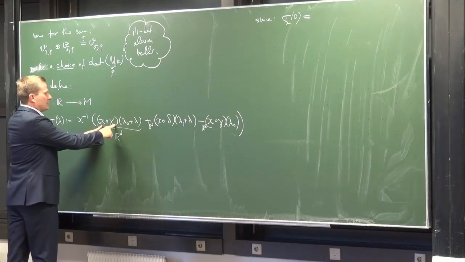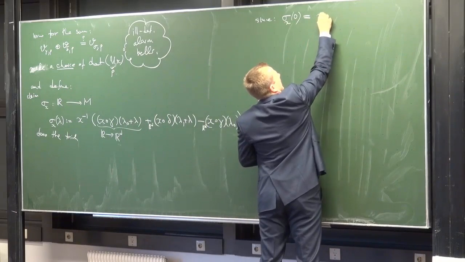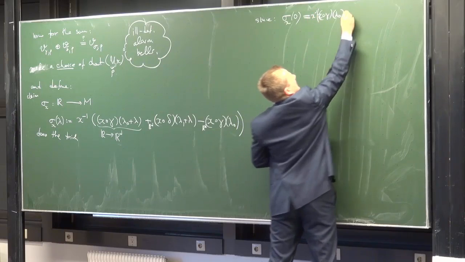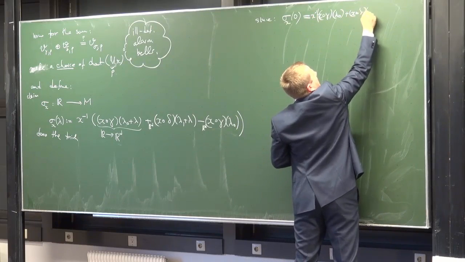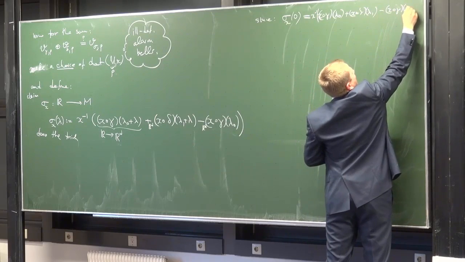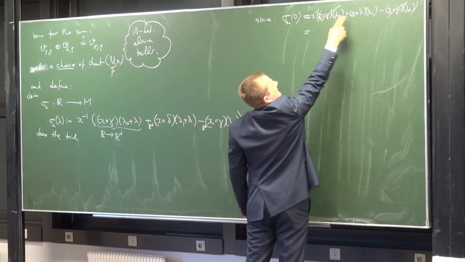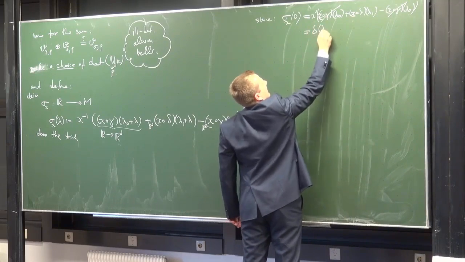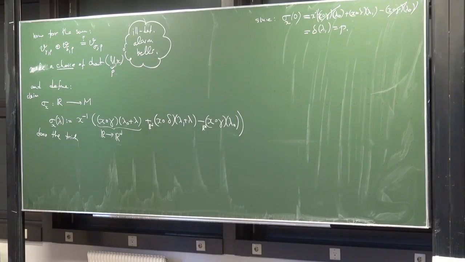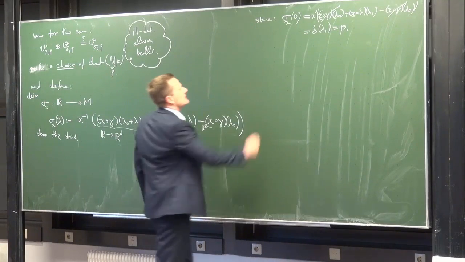It equals x inverse of x after gamma of lambda 0, plus x after delta of lambda 1 minus x after gamma of lambda 0. I need this one to kill this one, and then I have just x inverse x delta, this is delta of lambda 1, which is the point P. So parameter value 0, it runs through P, otherwise this makes no sense in the first place.